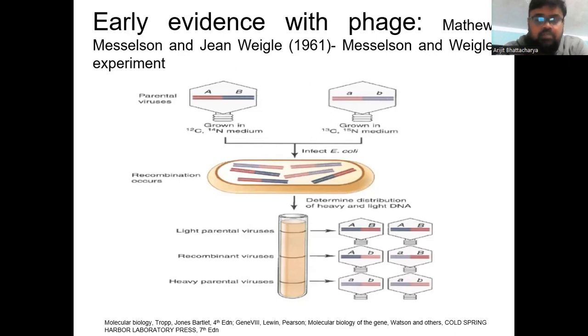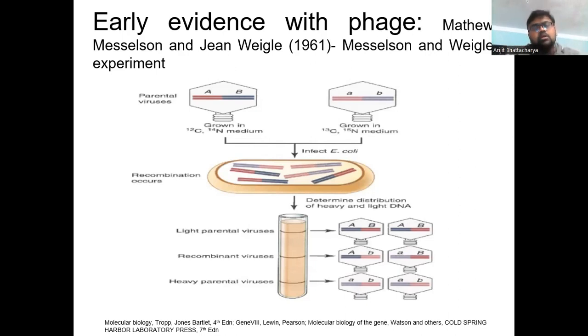What they observed after this experiment with these two phage is that indeed there are intermediate bands, which indicates that some kind of recombination event occurred, because an intermediate band means that the DNAs were exchanged, and that's why some part of the DNA may be lightly labeled and some part may be heavily labeled.